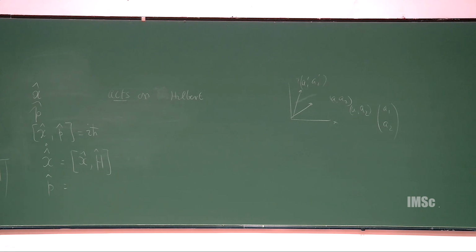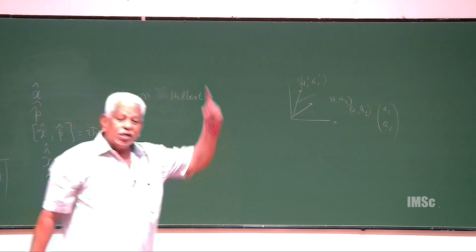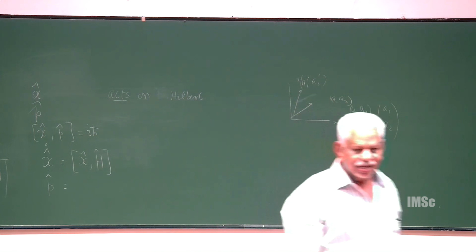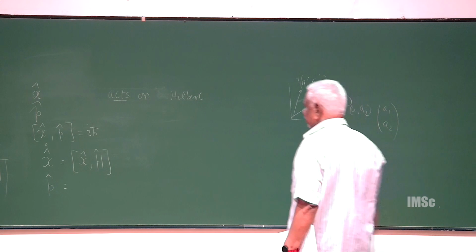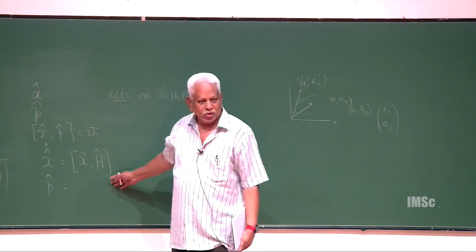He is having that psi is a vector in an infinite dimensional space, and it is changing with time. For Heisenberg, that infinite dimensional state vector remains the same. The operator, the rotator, changes with time. And how does it change with time is given by this. Is given by this. Okay?